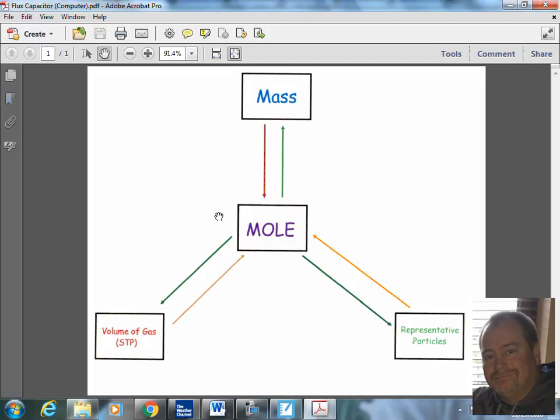So when I set up my conversion box for this particular one here, as I'm following my green arrow down, I need moles to cancel, so 1 mole is on the bottom, 22.4 liters. This is my value on the top of my conversion box.